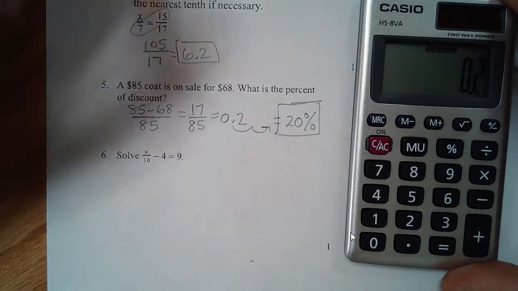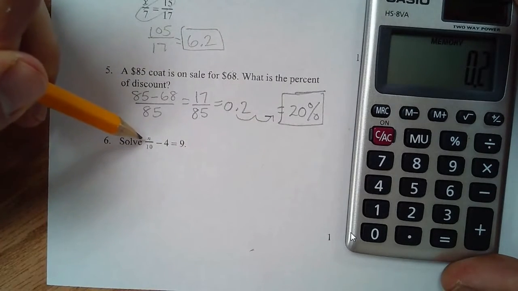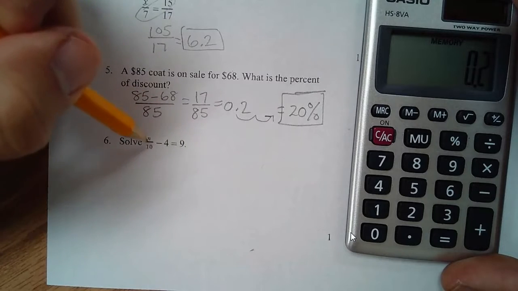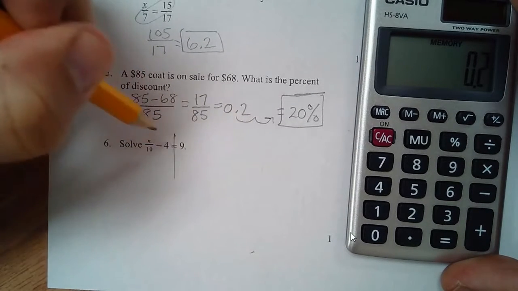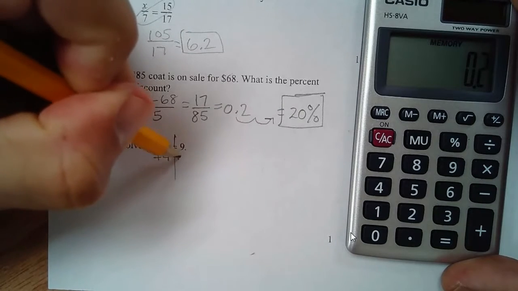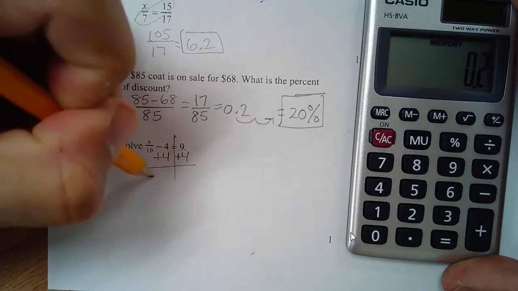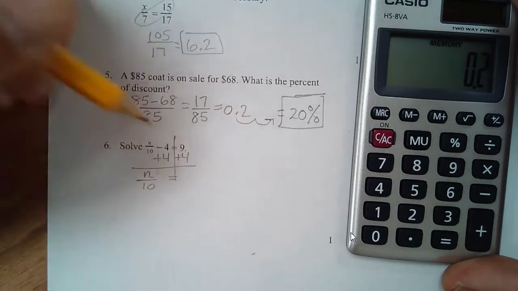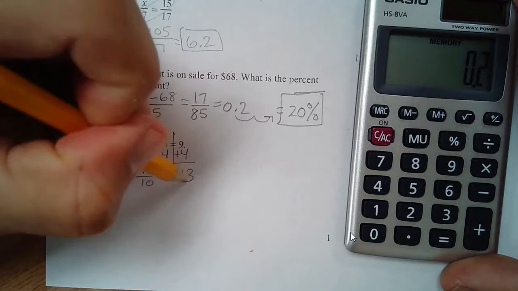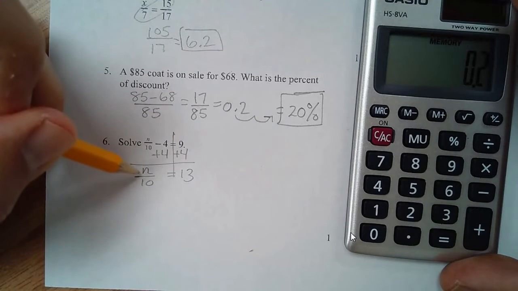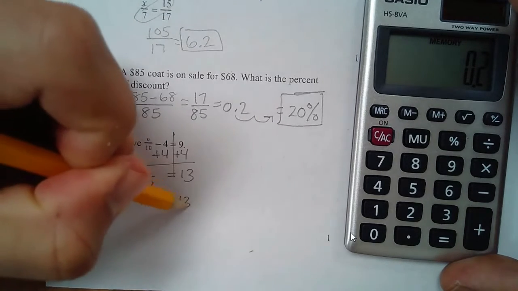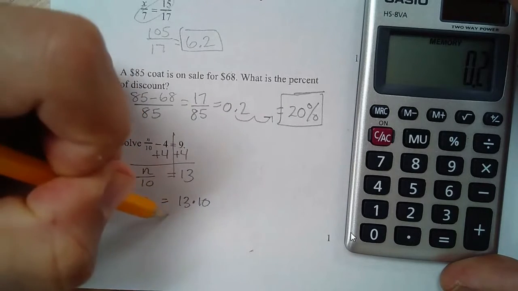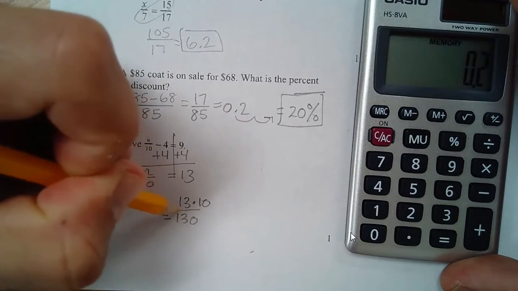All right, this one, that's an n right there. It's kind of small. We're going to solve for n using inverse operations. The inverse of subtracting 4 is adding 4. And I have n over 10. n divided by 10 is equal to 13. Since that's division, we're going to multiply. So n is going to be 13 times 10, which is 130.